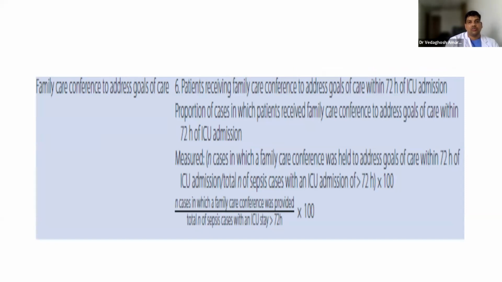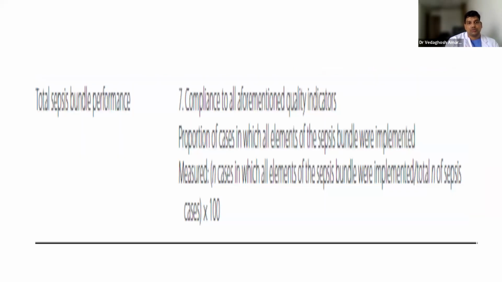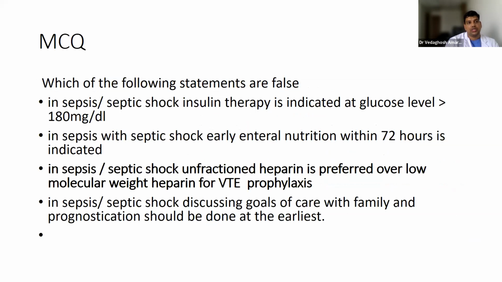So patients should receive a family care conference to address goals of care within 72 hours of ICU admission, which is also an important quality indicator. So for total sepsis bundle performance, they will use the compliance of all these things and measure the nursing quality. So all these indicators help in improving the treatment, maintenance of the bundle and improving the outcome of the patients.